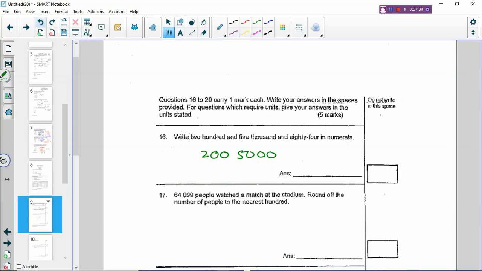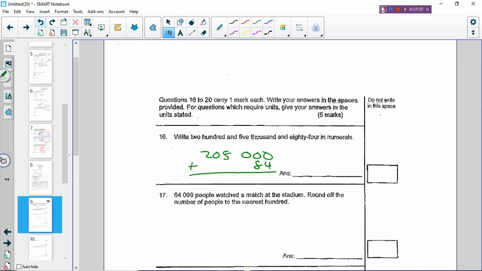So we don't write like that. 205,000. Okay, Mr. Ong is making a few mistakes for this question. So it looks very simple, but somehow it is also quite easy to make mistakes like Mr. Ong. So 205,000 and 84.